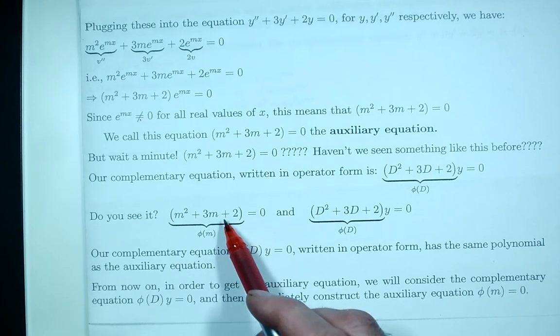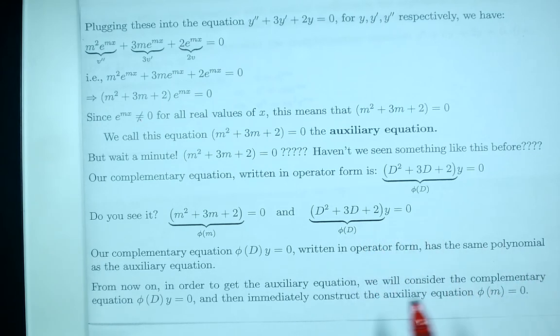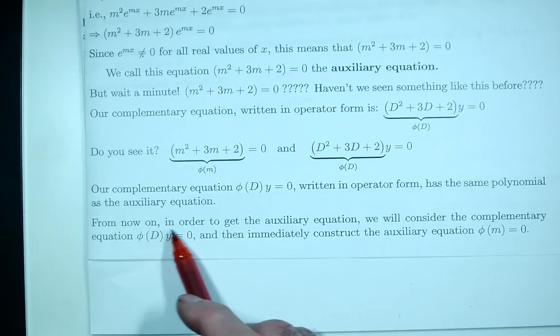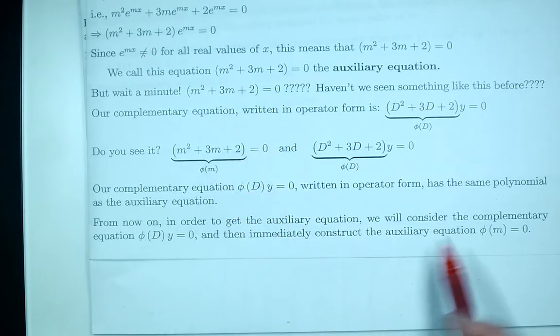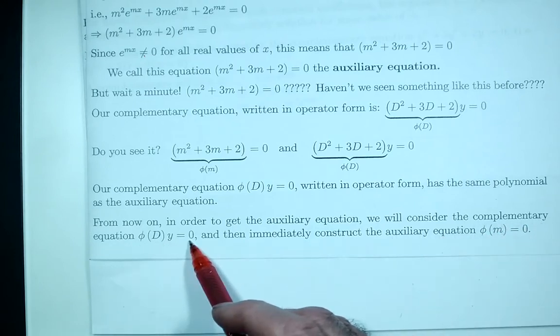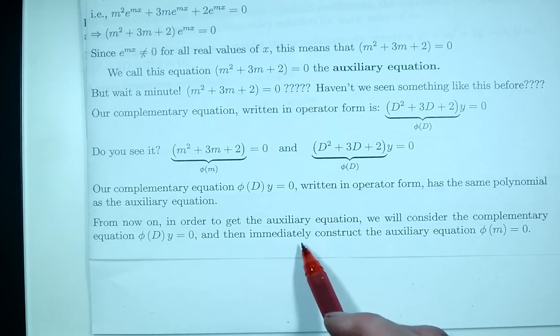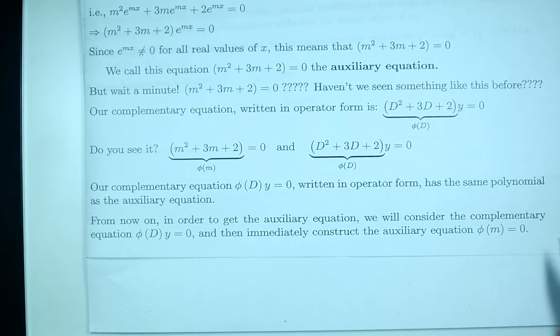So the auxiliary equation and the complementary equation both feature the same exact polynomial. So from now on, in order to get the auxiliary equation, that's this thing, we'll consider the complementary equation, phi of D y equals 0, and then we'll immediately construct the auxiliary equation, phi of m equals 0.